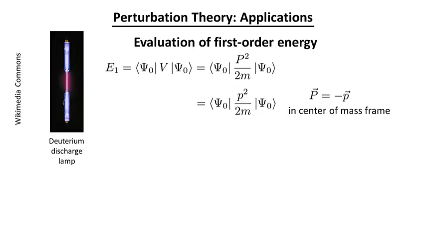Well, it's always convenient to choose a good coordinate reference frame, and if we use the center of mass frame, then we have this very useful identity that the momentum of the nucleus is equal and opposite to the momentum of the electron. So now we've converted that expectation value into one that involves electronic coordinates only.